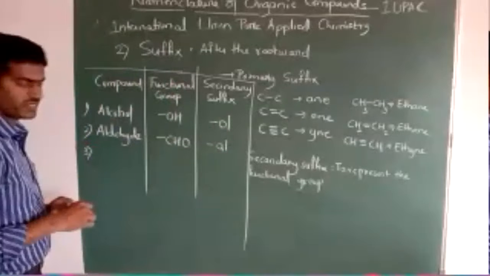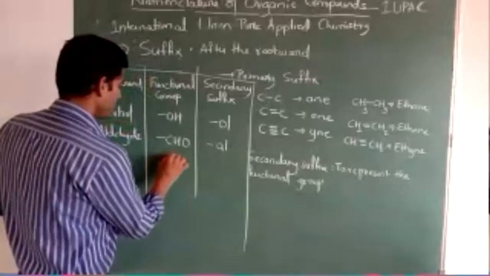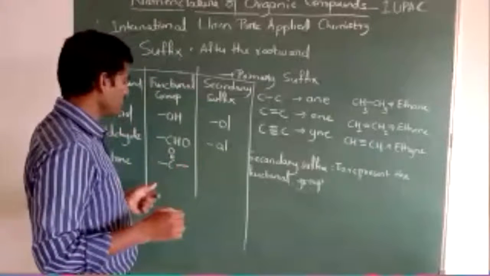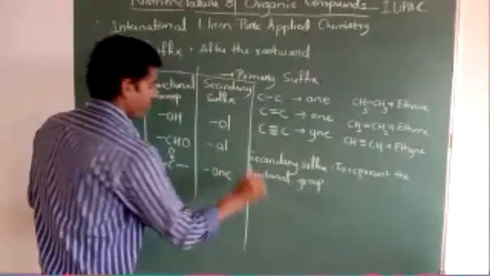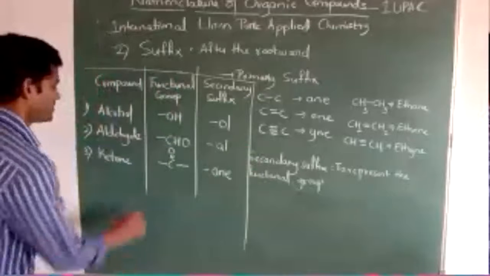Third one, ketone. What is the functional group for ketone? CO. Then the secondary suffix we use for ketone is ONE.